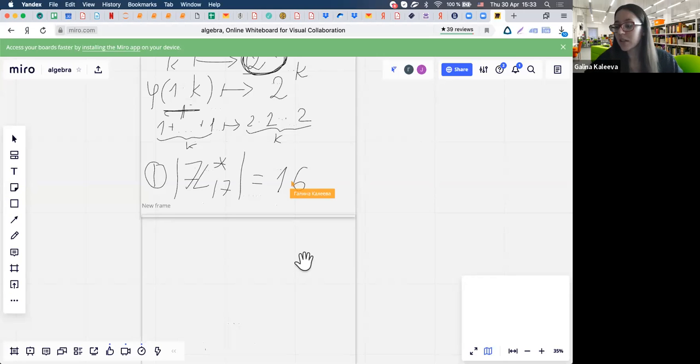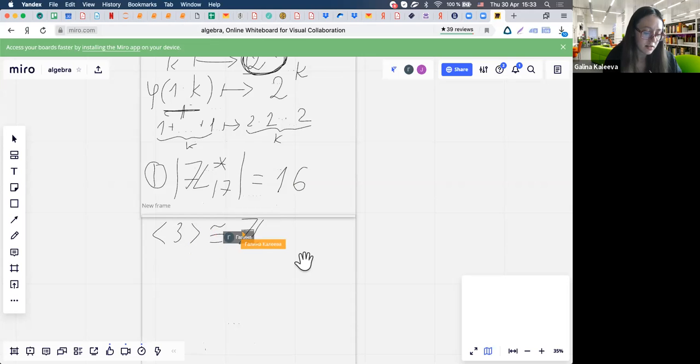But let me give you one of the answers. I know that 2 is not a generator, but 3 is a generator. You can check it, honestly not easily, but you can. Here, 3 generates our group.